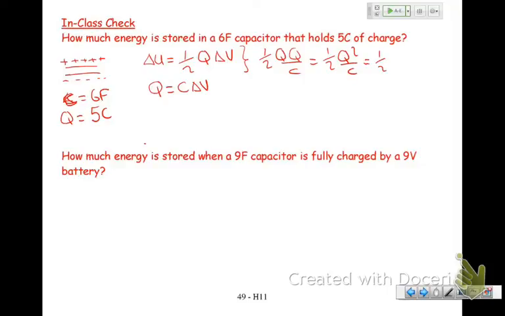Q is 5, C is 6. So this is going to be 25 over 12, which equals 2.1 joules.